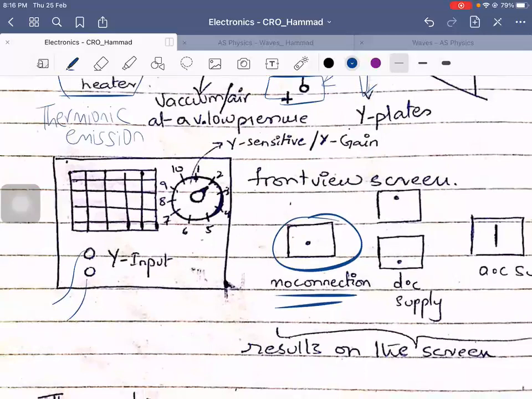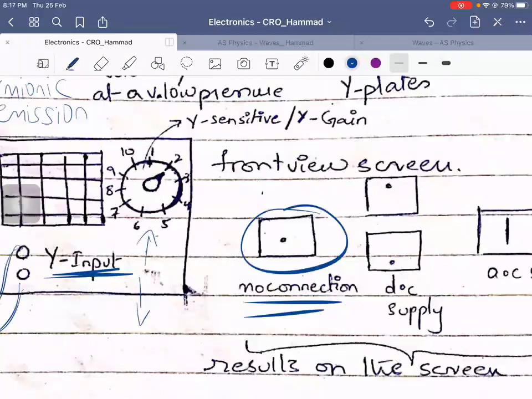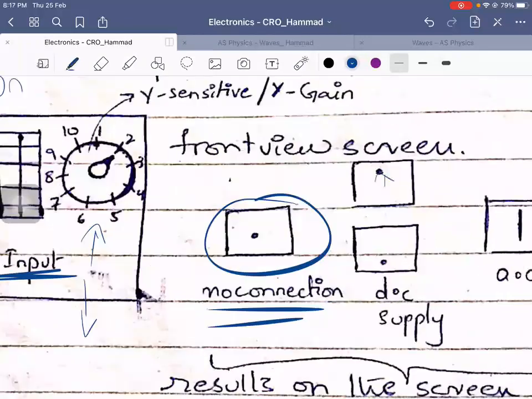The Y plate is responsible for the movement in the upward or downward direction. So as soon as I connect the Y input terminals, there would be a translation of this dot in the upward or downward direction, depending on the value of the Y input.